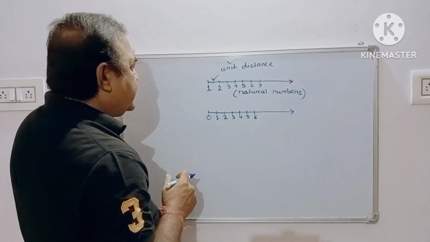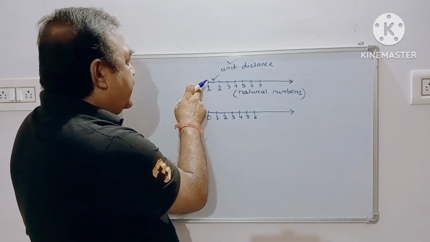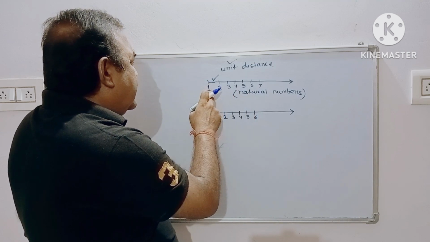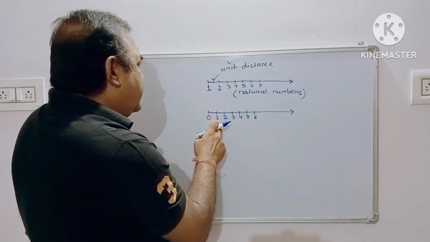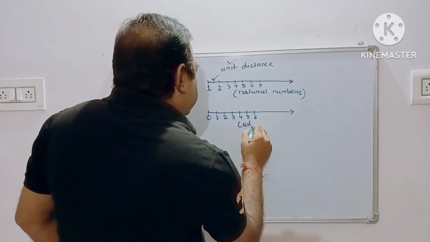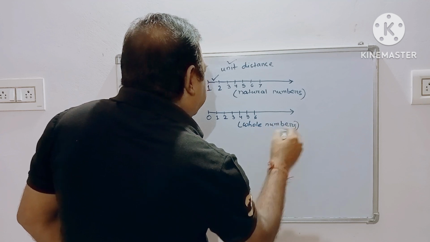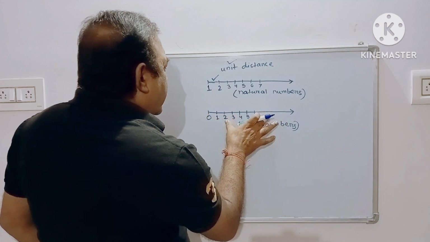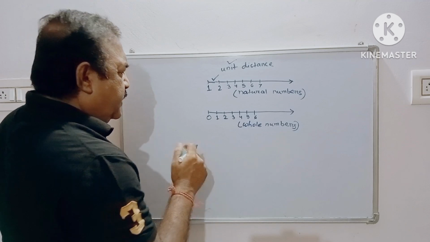In this case, we have started from 0, but not in the natural numbers, because when you start counting objects, you start counting from 1. But in case of whole numbers, we have started from 0. So this is the number line we could show, and we will come to integers.